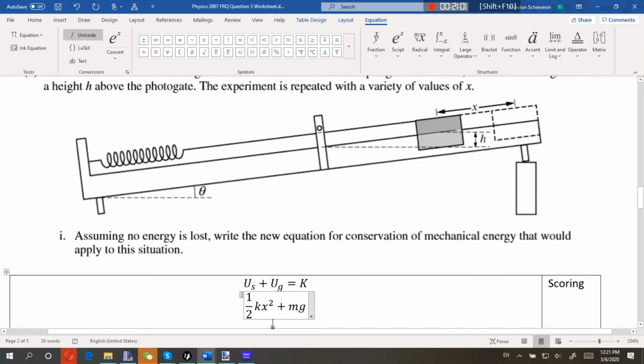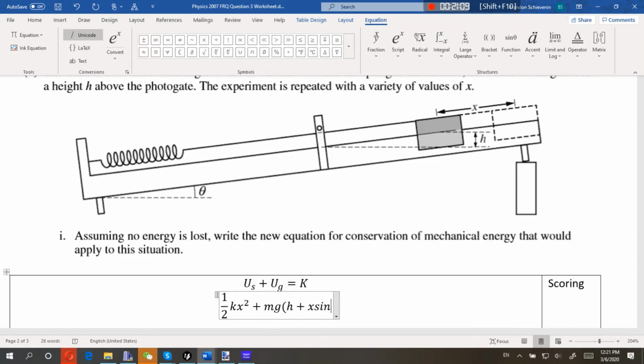How high we are is going to be that h they're showing in the picture plus x sine theta, which is how much we've moved up from that h.